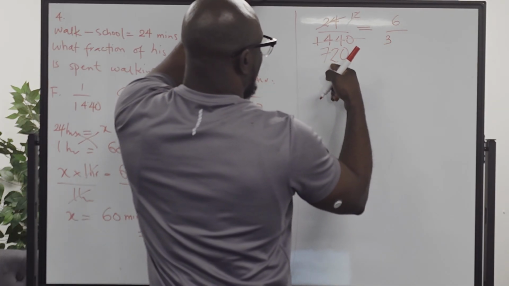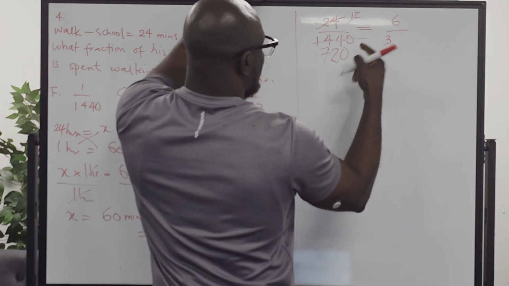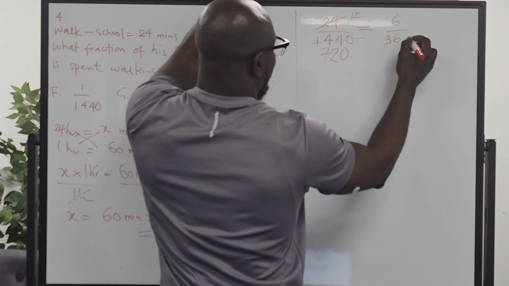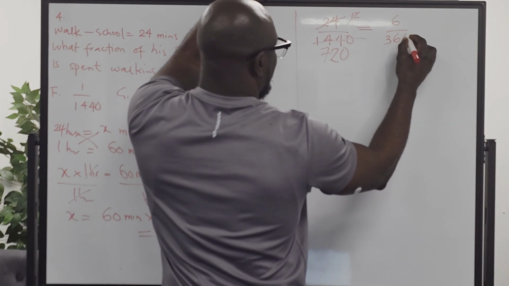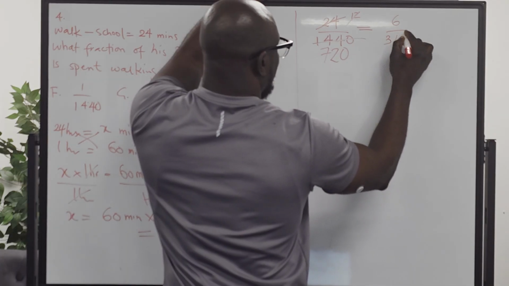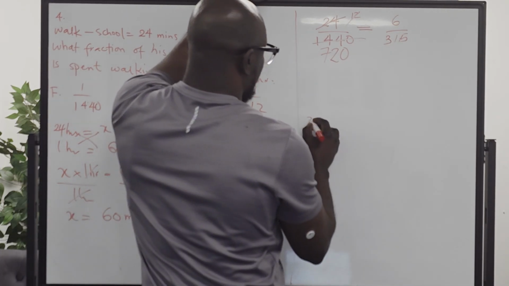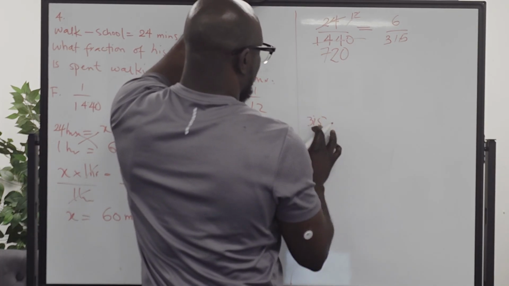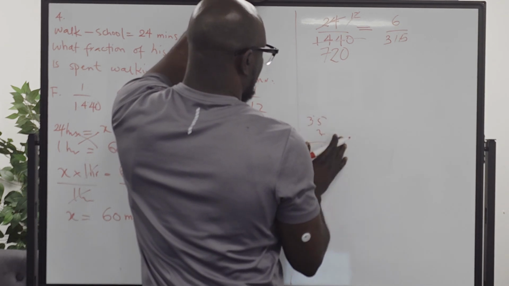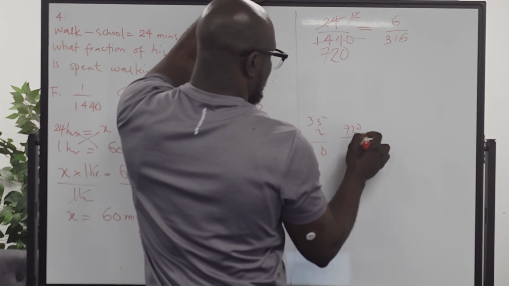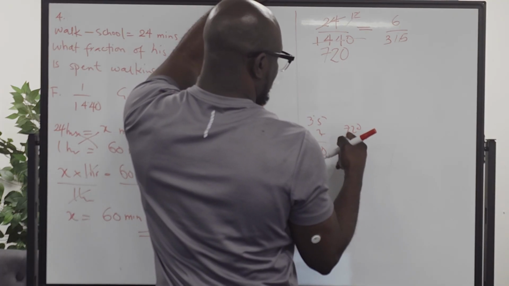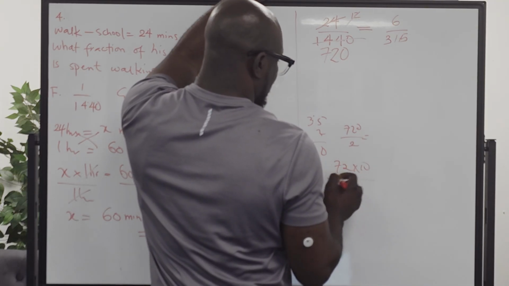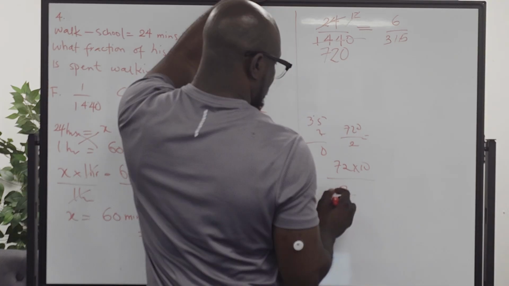In 12, you have 6, right? And then here you have 305, my bad. 720 divided by 2, that is 360.